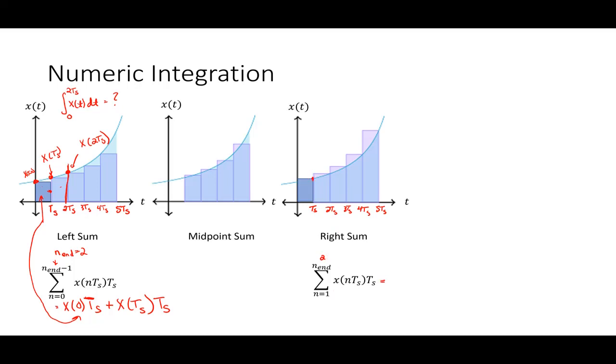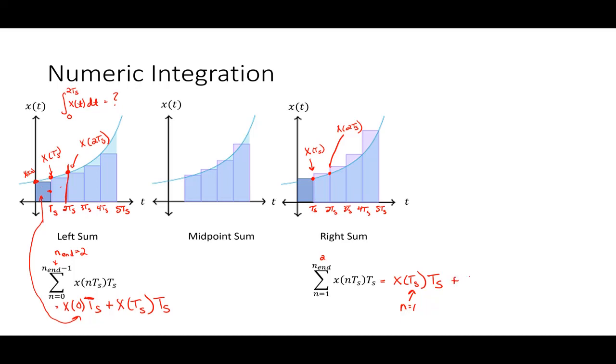So just to remind ourselves, this here is x of t sub s. This value here is x of 2t sub s. So what I do in this case is I say, well, x of t sub s times t sub s, this is what I get for n equal to 1.